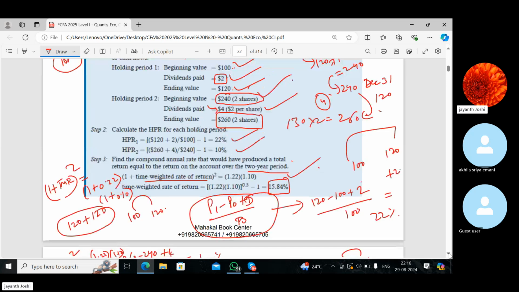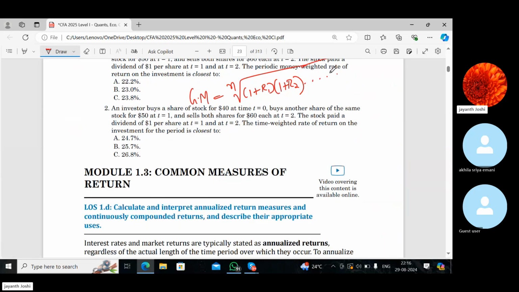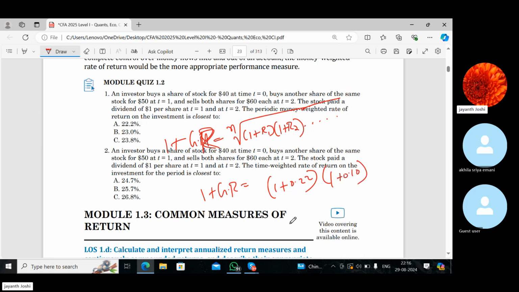So I'll show you. We have 2 periods, right? So I can just put it like this. 1 plus geometric returns is equal to 1 plus 0.22 into 1 plus 0.10, whole power 1 by 2.